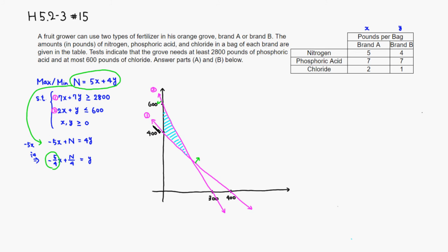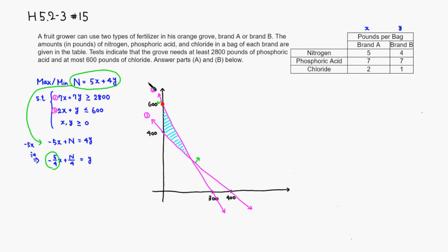So if you push the objective function line up, it has to be steeper than the first line and not as steep as the second. I'm going to draw it with a red line. The last point it's going to hit is right here.